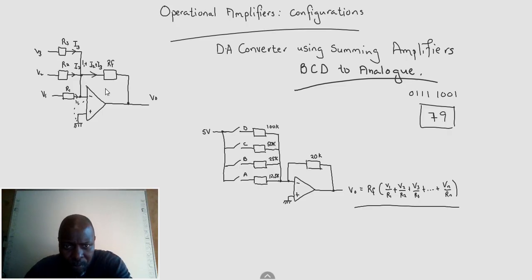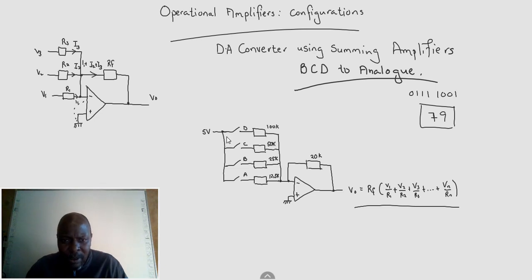So the obvious way would be this. Remember, the most significant bit is represented by the smaller resistor. There's going to be more current there, therefore it's going to contribute a greater voltage. Where the resistance is too high, there's going to be lesser current, therefore a lesser voltage.